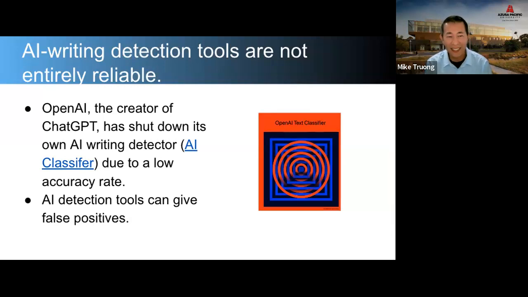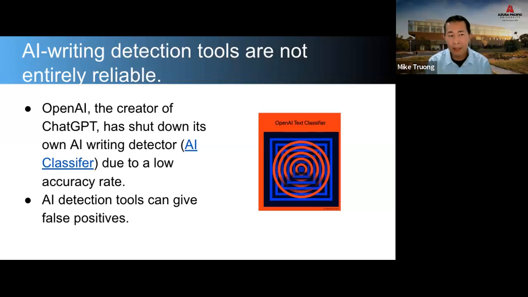Imagine this, the very company that created GPT can't even detect the content their own machine generated. That tells you a lot about how unwieldy this technology is, because on the one hand you think it should be easy for the company that created this machine to detect it, but they themselves cannot.